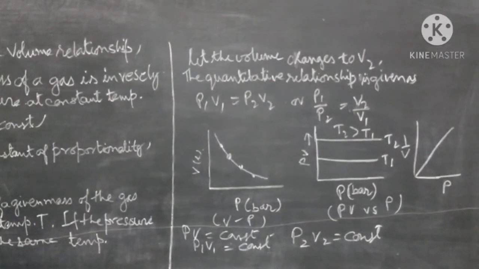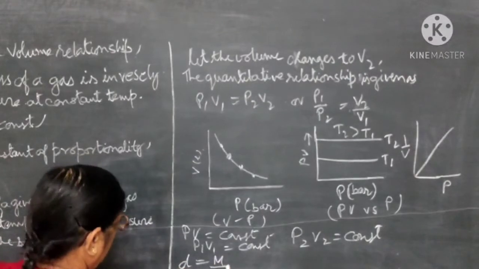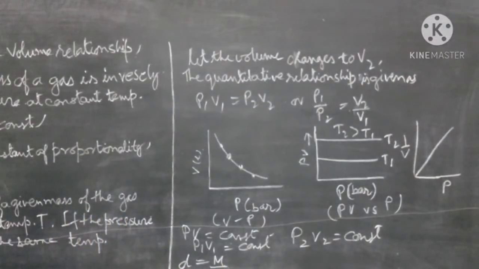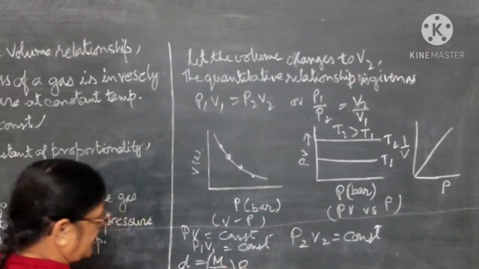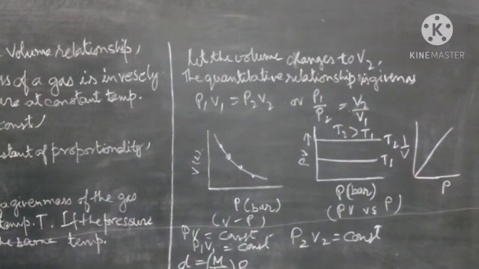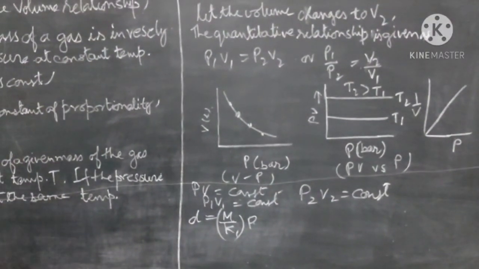Then we can write D is equal to M upon K1 into T. So this is the relationship between the density and the pressure. Accordingly, we can use the density also. Then we will see some numerical problems based on Boyle's law.